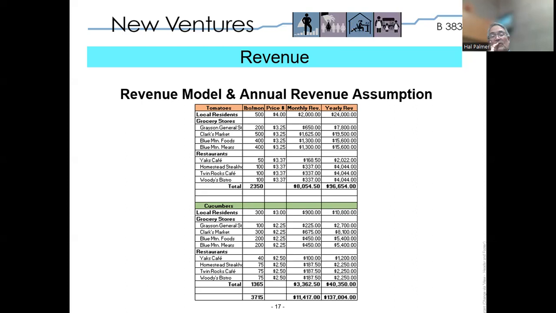And on cucumbers, I also outlaid the projections here, and they would earn about $40,000. So the total is $137,000. So from our first assumptions, we can see that revenues should outgain costs. In other words, it could be a profitable business.